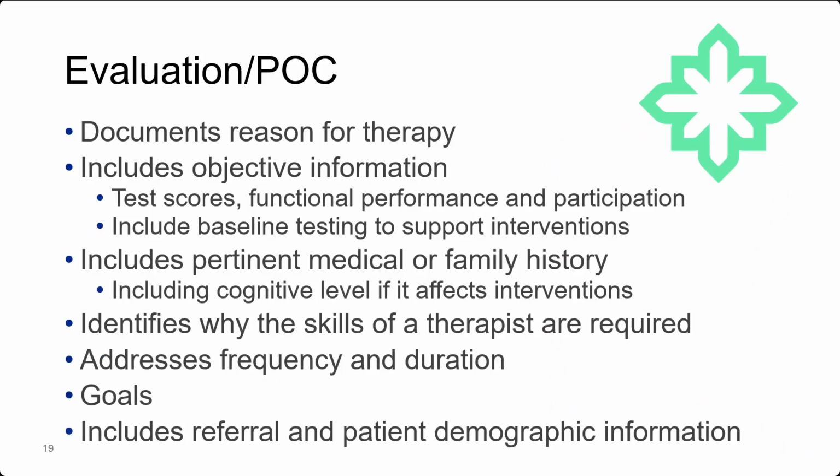So let's break down the evaluation and plan of care to start with. Some of the things that we're going to look for in your documentation of your evaluation and plan of care, regardless of if it's one document or two, we don't care how you do it. It can have one eval, one plan of care, or it can be combined. It's usually combined.